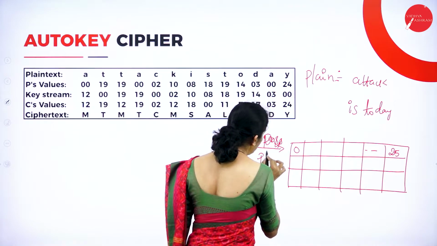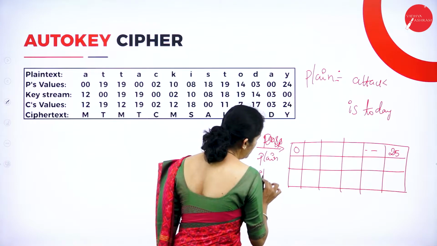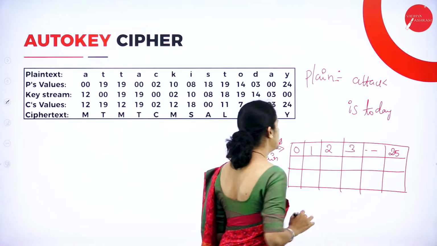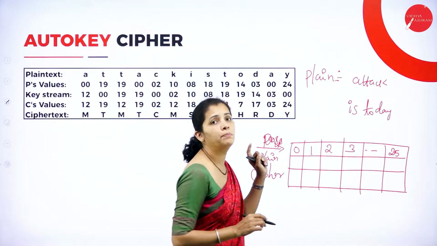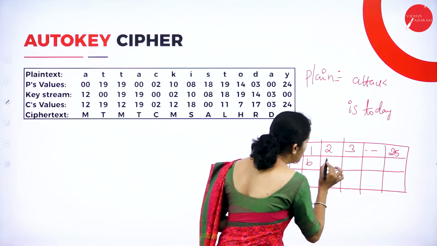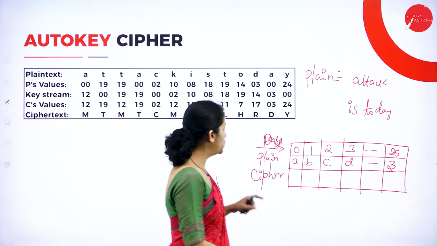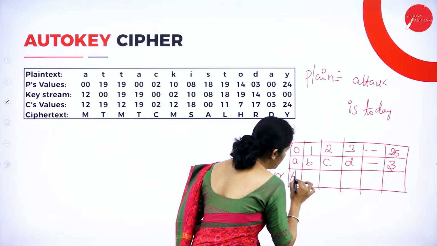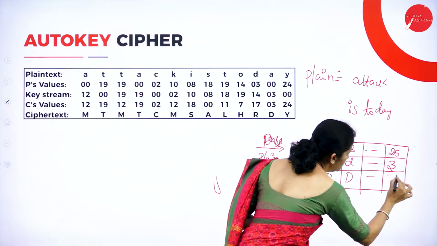Then I'm having plain text and I'm having cipher text. So 1, 2 and 3. Now dear student, remember here that while writing plain text characters, I want to use small letters. And to represent ciphertext, I'm going to use capital letters.